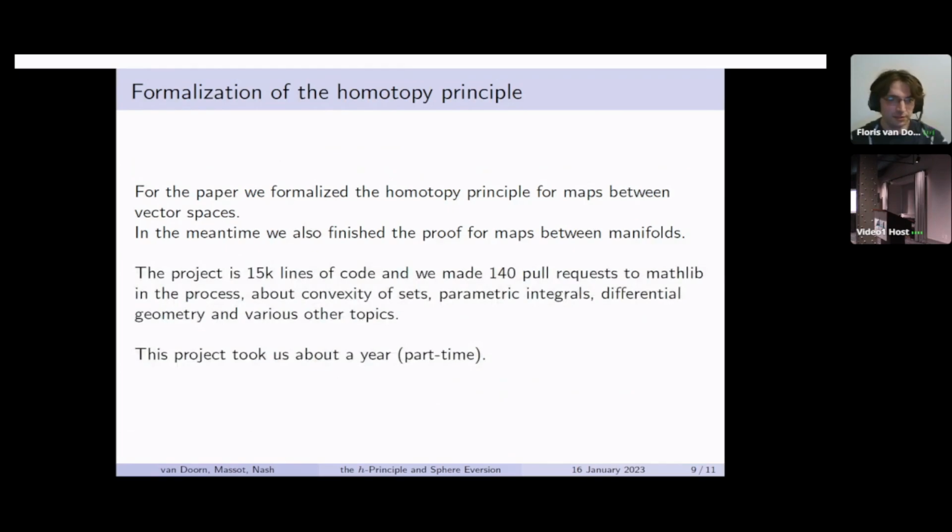To give you a sense of the scale of the project, it's about 15,000 lines of code. And we also made over 140 pull requests to Lean's mathematical library Mathlib, improving the various theories about convexity of sets, parametric integrals, differential geometry, and many other topics.